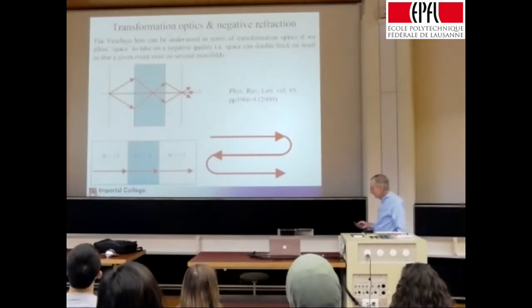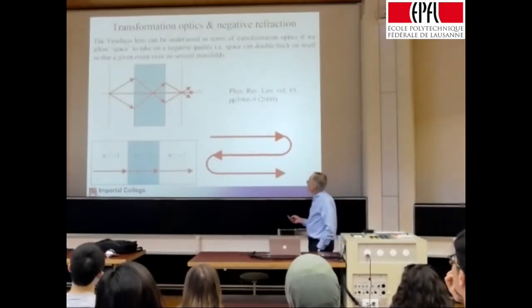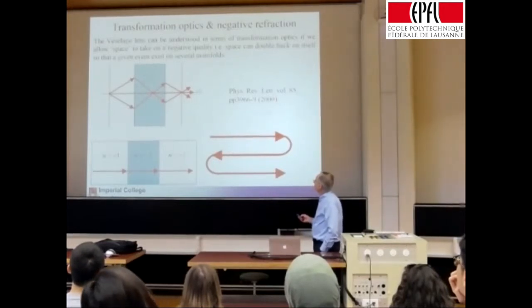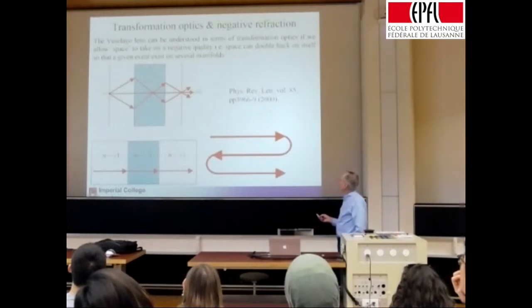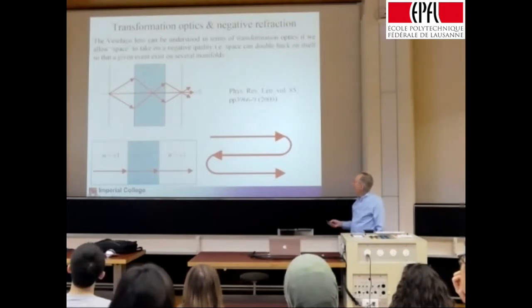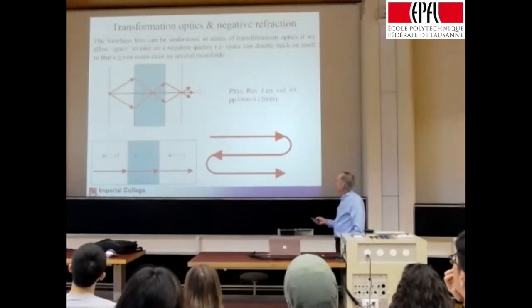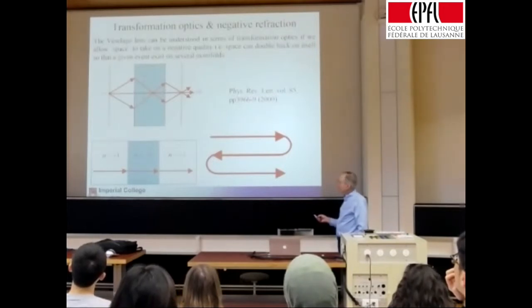So this is one of the things he showed you could do with his negatively refractive material. And what he showed is to get negative refraction, you have to have both epsilon and mu negative. Here I've shown them equally negative and -1. And if you have a negative medium, then you get this negative refraction here, and light bends back towards the axis.